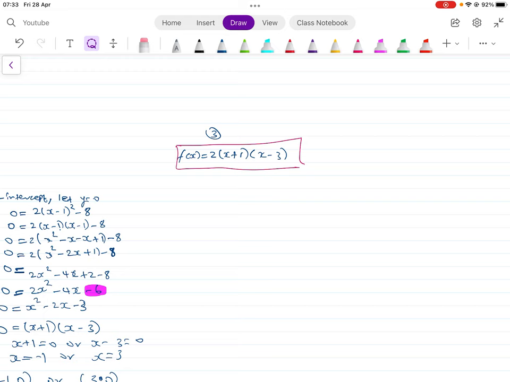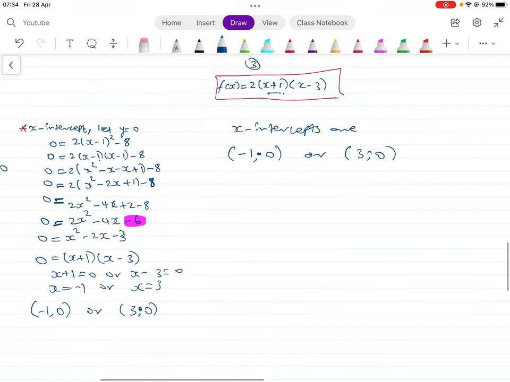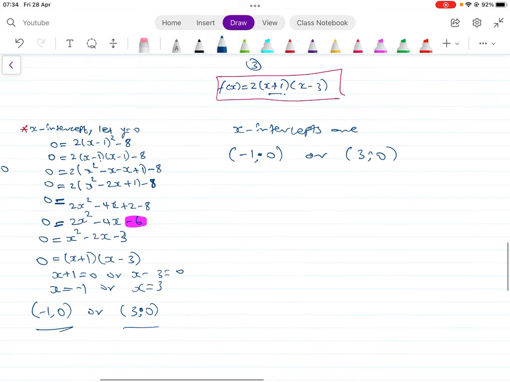It can be given in this way, and if it's given in this way, you already know that the a is still the +2, so this is going to face up again, and then in brackets you have the x-intercepts basically. So here it's given what the x-intercepts are, this -1 and 0, and then you also have +3 and 0, which is basically the same x-intercepts as you can see here that we just found.